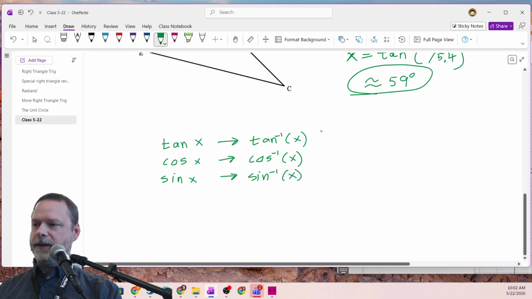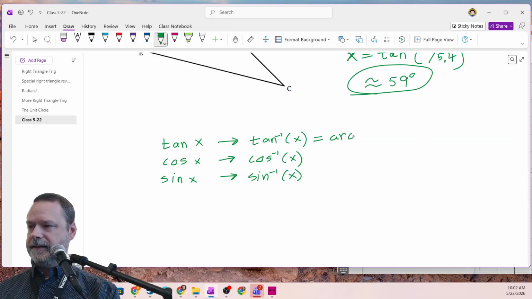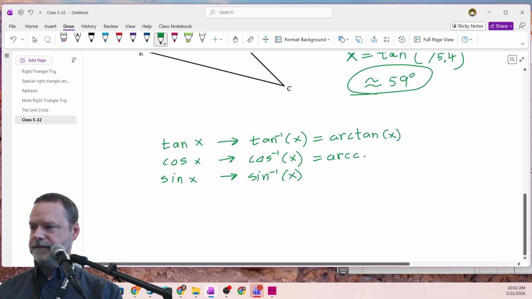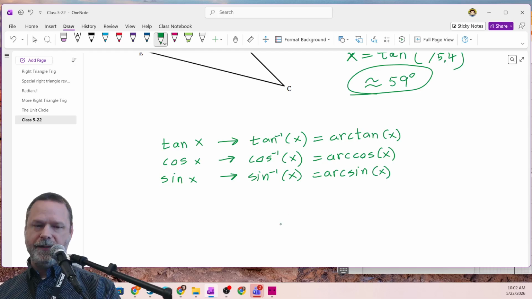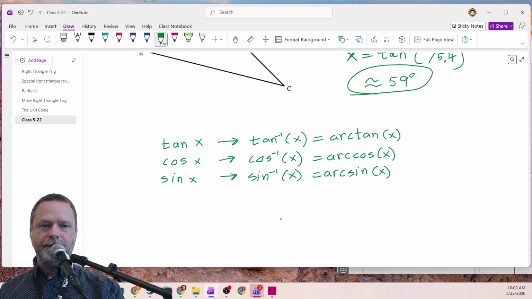And another notation of those would be arctan, arcsine, arccosine. They are both used commonly. They're both perfectly fine.